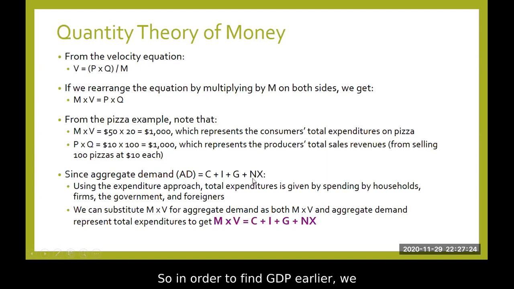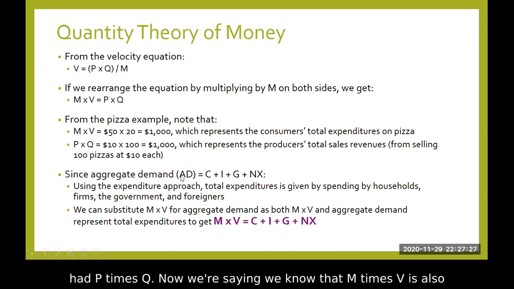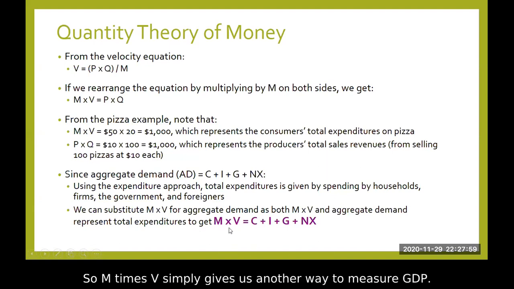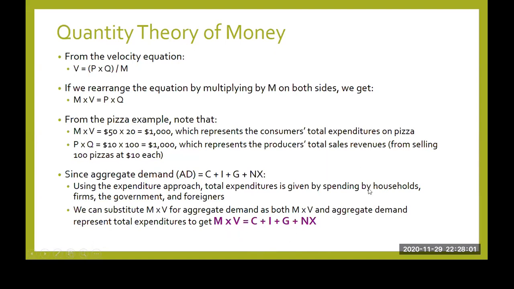In order to find GDP, earlier we had P times Q. Now we know that M times V is also equal to P times Q. So the quantity of money in circulation, M, times the velocity of money is equal to P times Q. So we can substitute in M times V for P times Q, and we get that M times V is equal to C plus I plus G plus net exports. So M times V simply gives us another way to measure GDP.